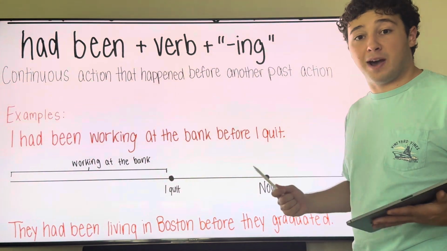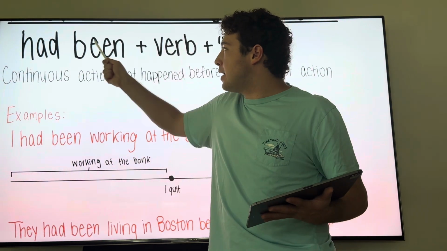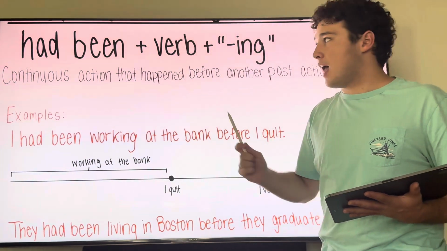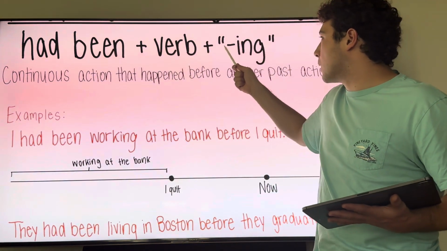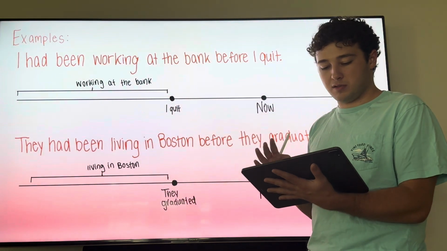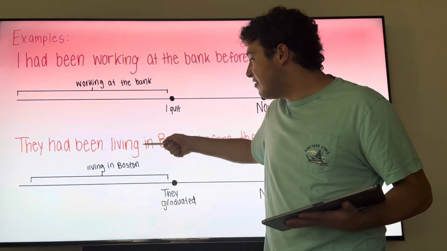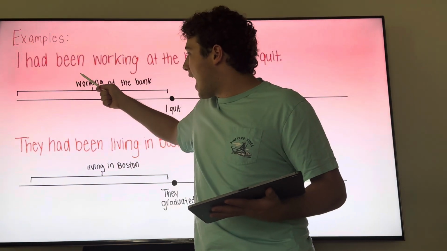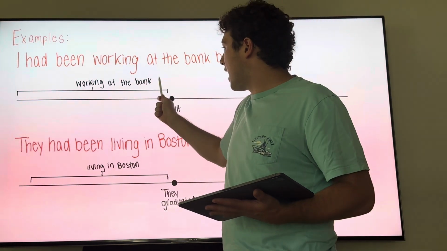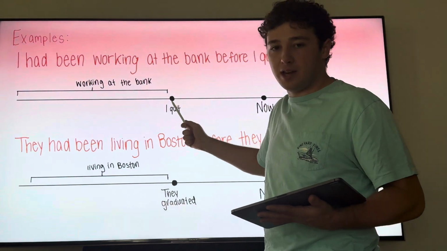The way you form the past perfect continuous is had been plus the verb plus ing. So, these examples show that as well. They had been living, I had been working at the bank before I quit.